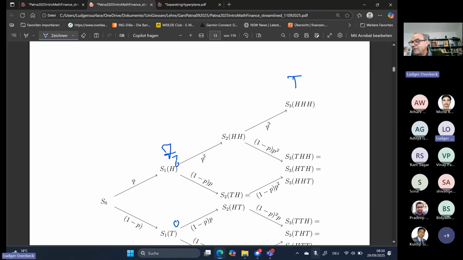So it will never happen, if I'm here, that I went 3 times down. If I go one step further, in this case, there are only 2 states. Tomorrow the asset went up. So in 3 days there will never be 3 downs.